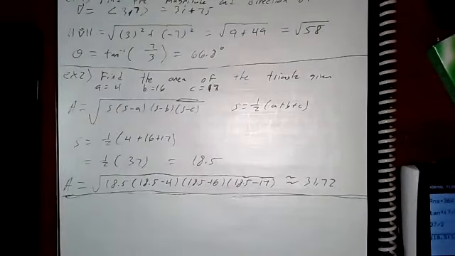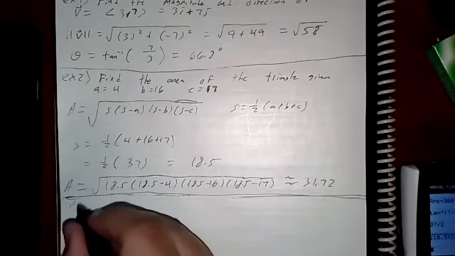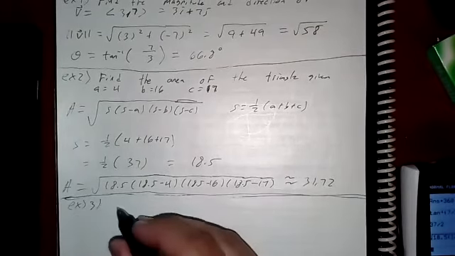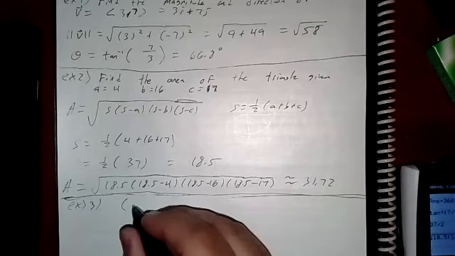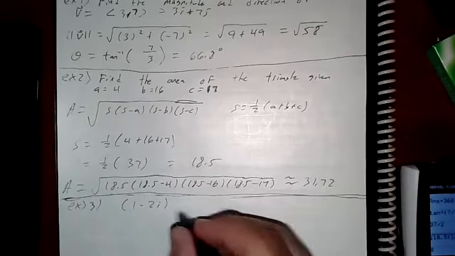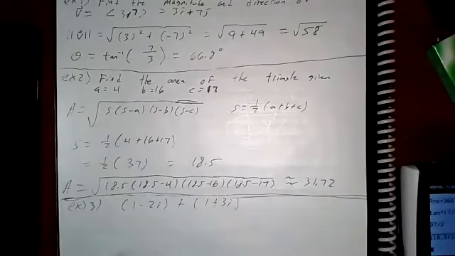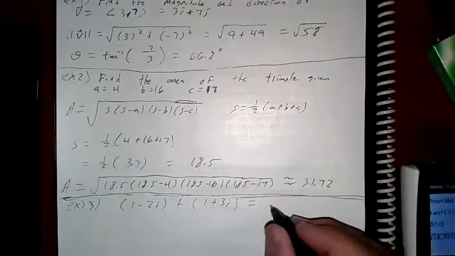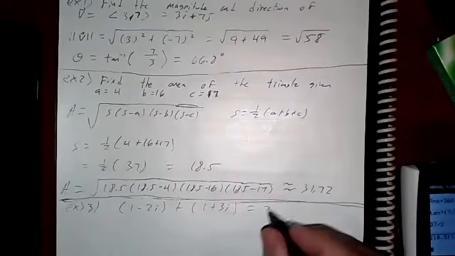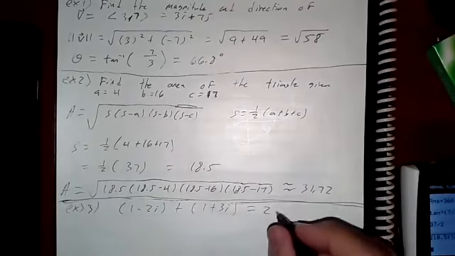And add, subtract, multiply with complex numbers. If you have, let's say, 1 minus 2i plus 1 plus 3i, you just add them up: 1 plus 1, negative 2 plus 3.